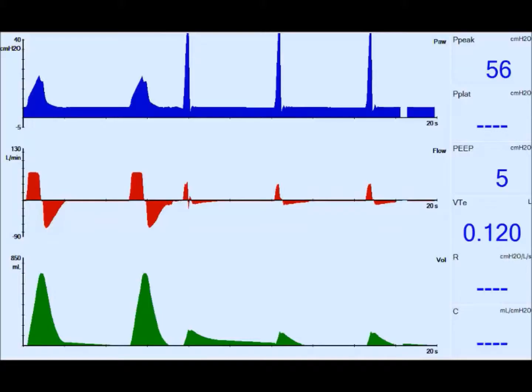Now, dual targeting may prevent or decrease the incidence of premature cycling compared to a set point targeting scheme, especially a volume control scheme. And here's my example. I have a screenshot from a Draeger Evita XL, and this screenshot shows premature cycling.